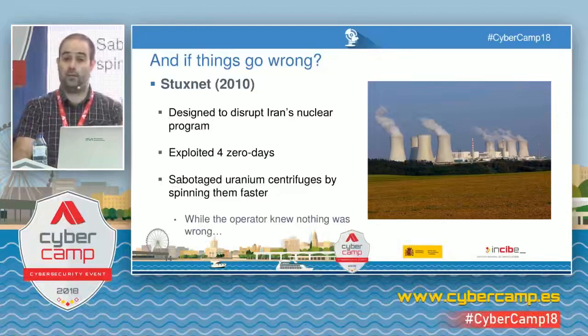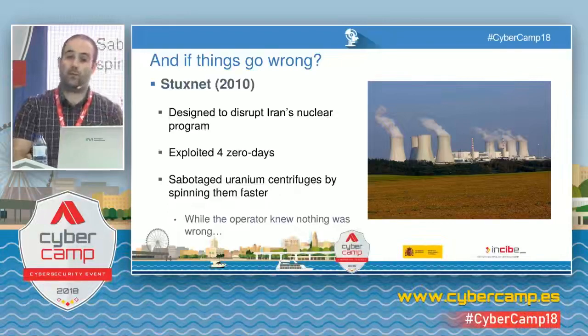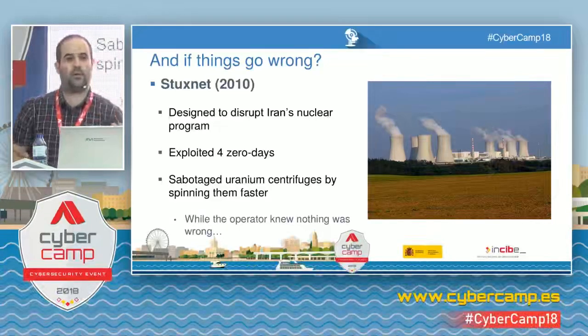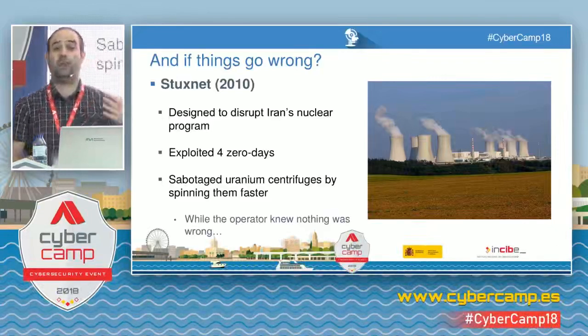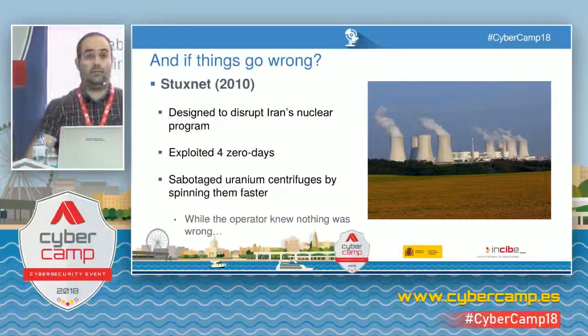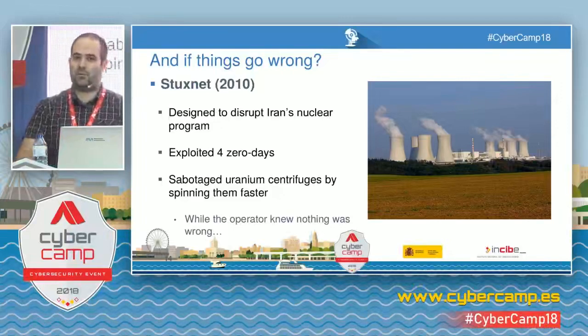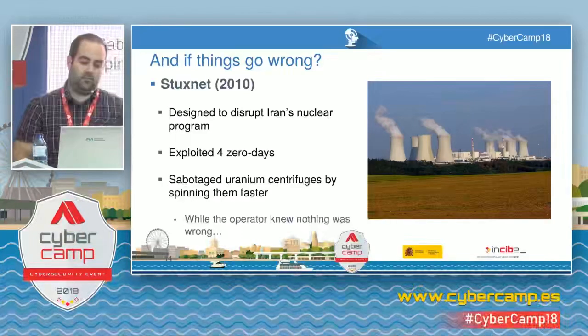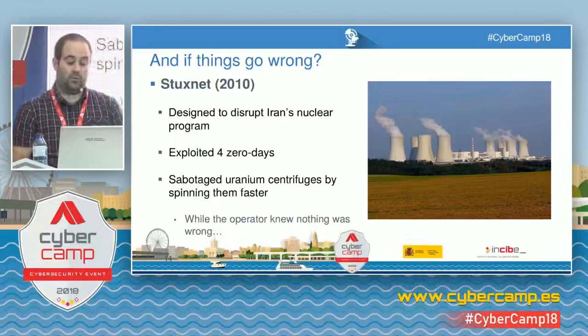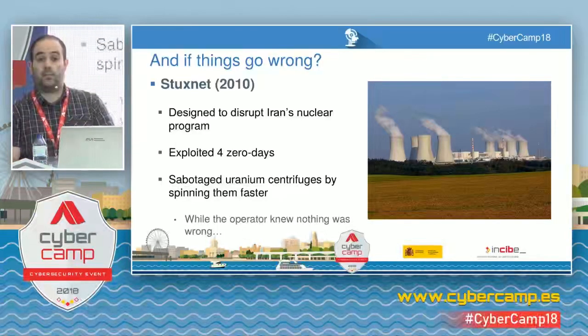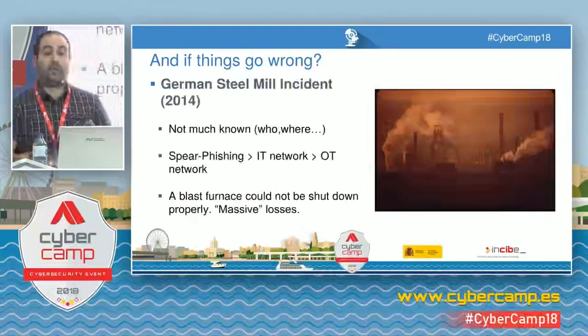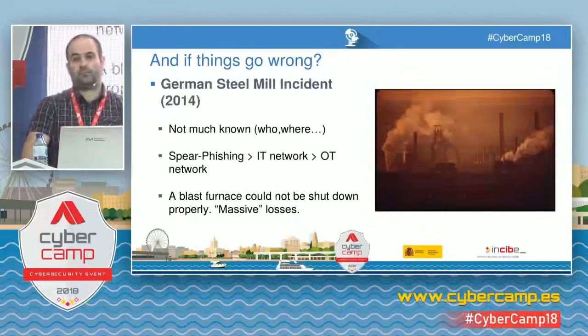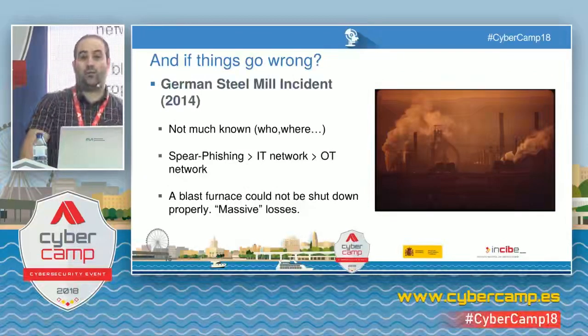The problem here is that the centrifuge machines, the uranium centrifuges, were working faster than they should have been, but operators didn't know about it. As far as they could tell, the centrifuge system was working fine until one day they just stopped working. They're very expensive pieces of equipment, and as a result of this, this was a big problem for the Iranian nuclear power plant and system.